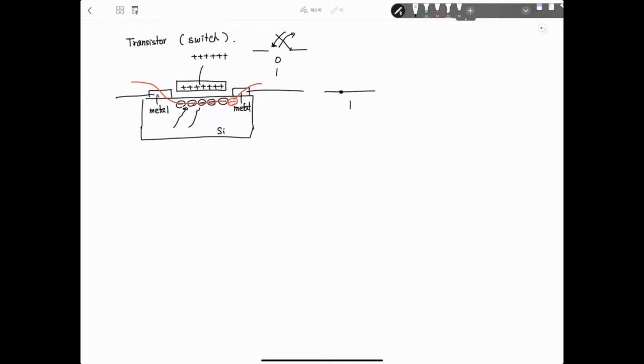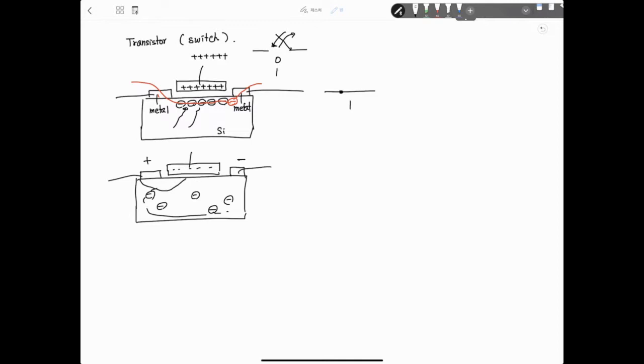If there's no voltage, then there's nothing. Electrons are just dispersed in places. In the case where this is minus and this is plus, this one is only going to this part, so there is only minus.